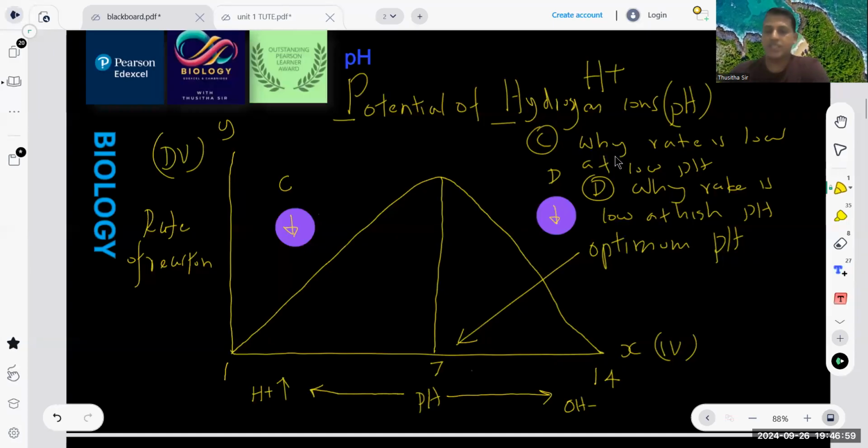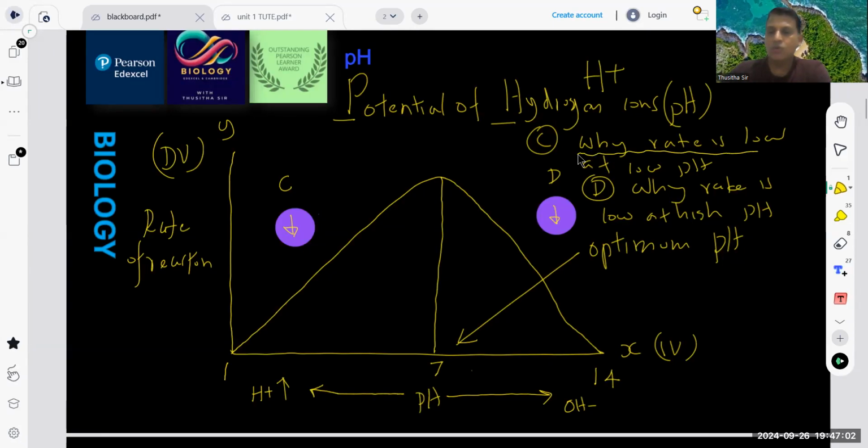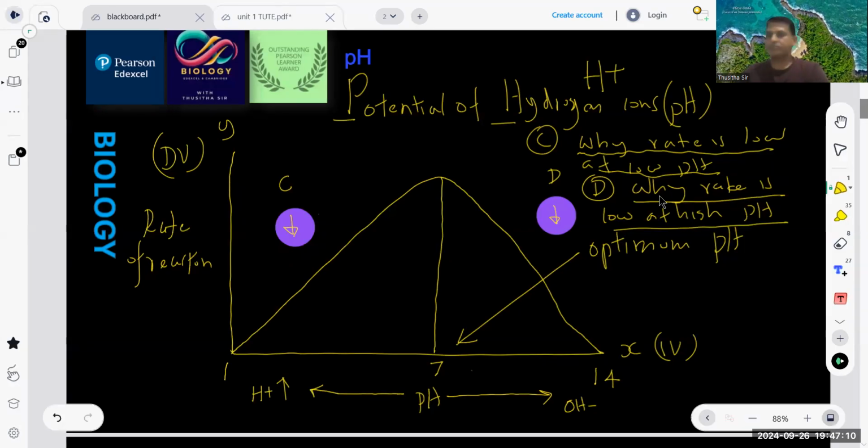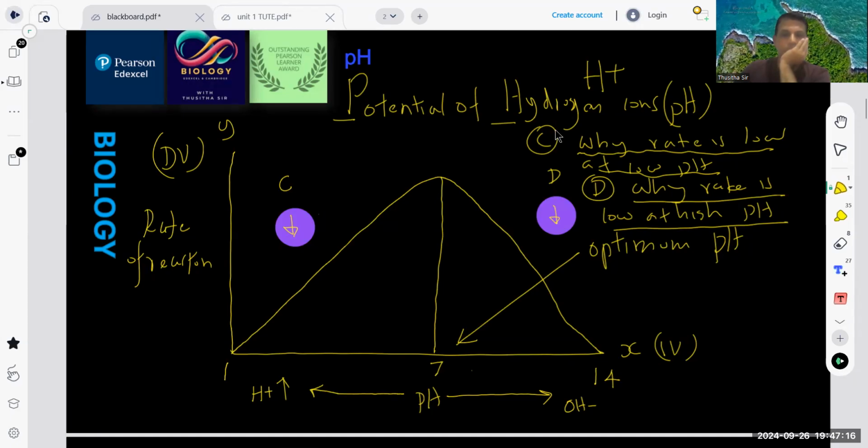Again, we have two questions: why is the rate low at high pH, and why is the rate low at low pH? Right, copy this graph and then send me a message when copied.